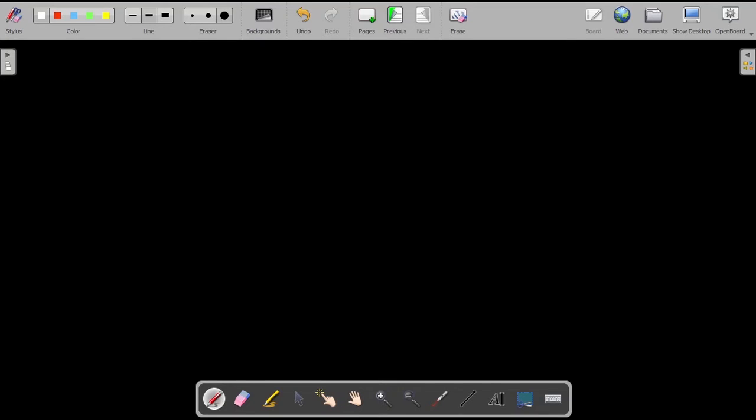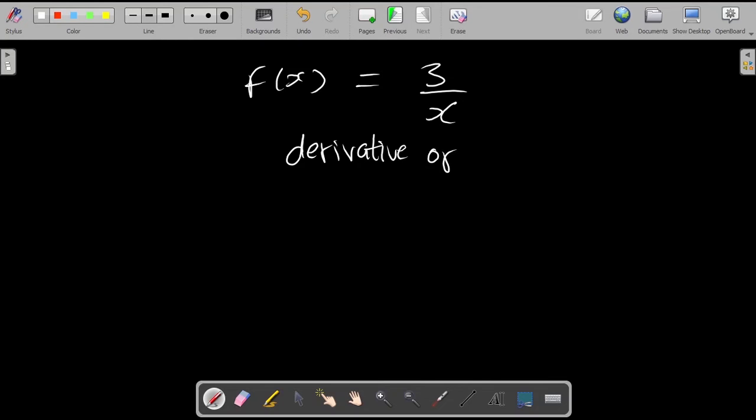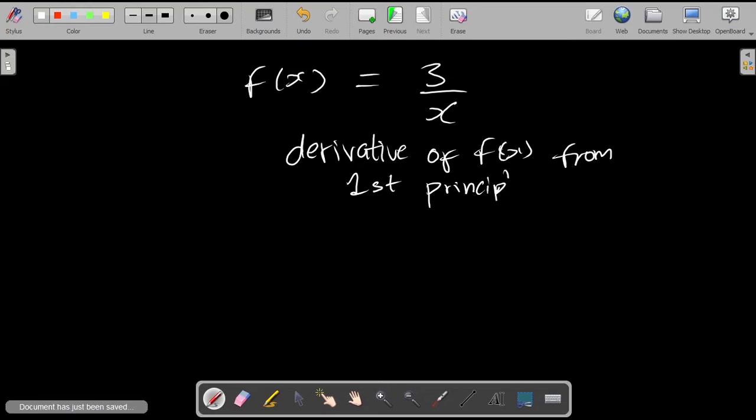So here's the example. Let's say you have f of x equals 3 over x. The question says, what is the derivative of f of x from first principles? Okay, so the formula is as follows.